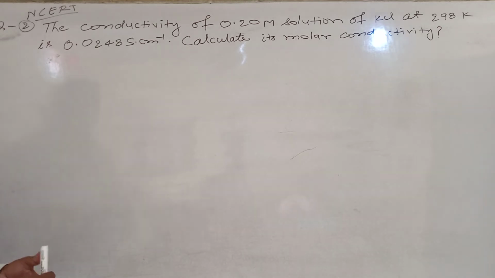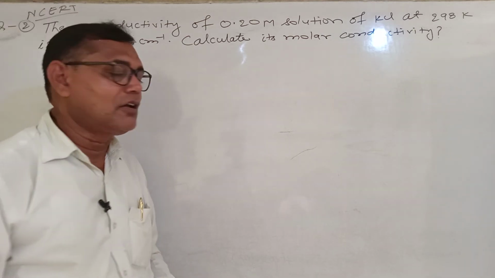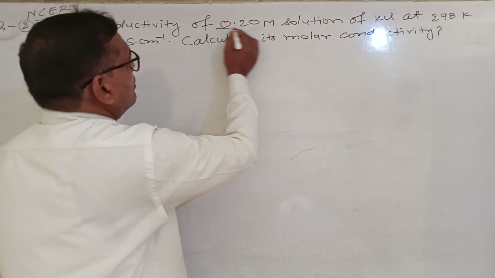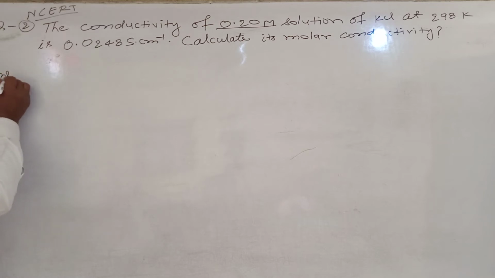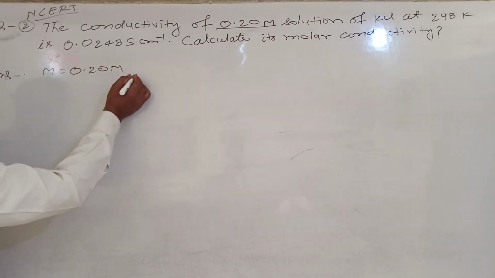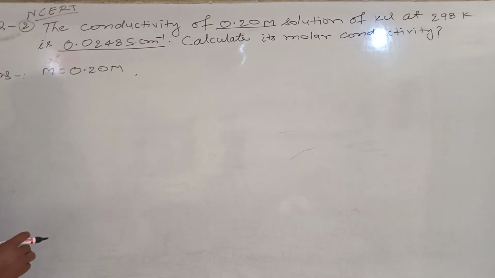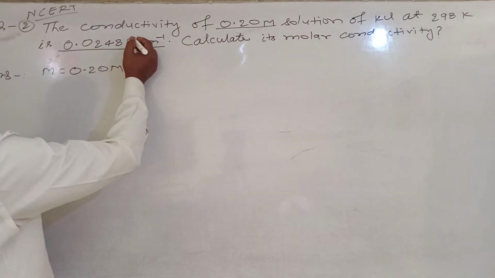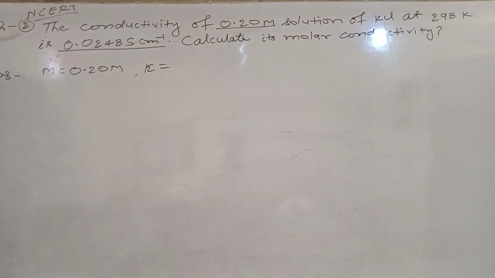The question is the conductivity of 0.20 M solution of KCl. This is the value of concentration in molarity. Here we write M. This indicates the molarity of the solution, 0.20 M. This is the value of specific conductivity. The symbol of specific conductivity is kappa.